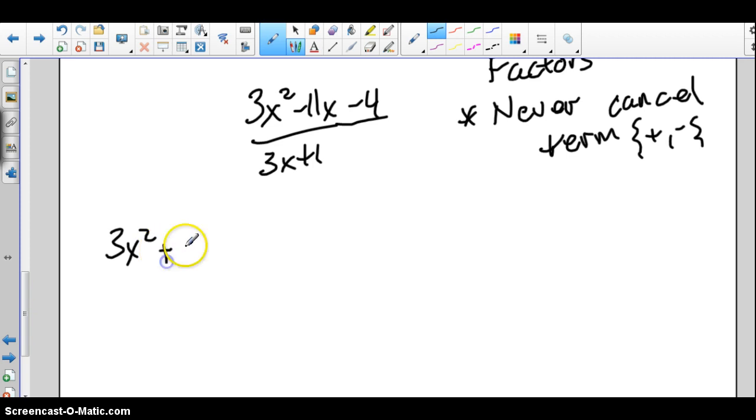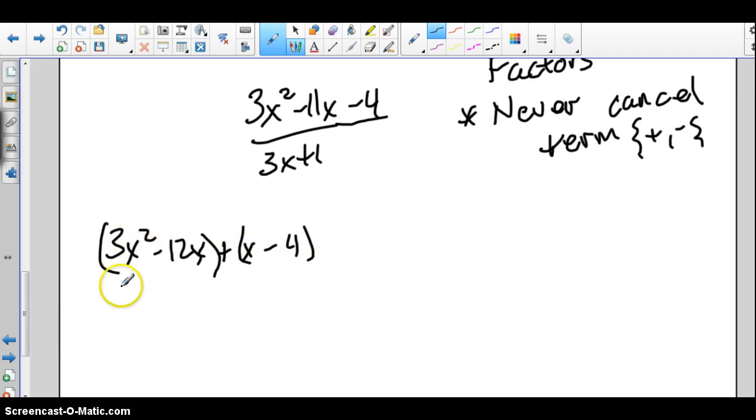So I'm going to have negative 12x plus a 1x minus 4, and we're going to factor that by grouping. And we've got happy cows because these little corrals have both the same sign.